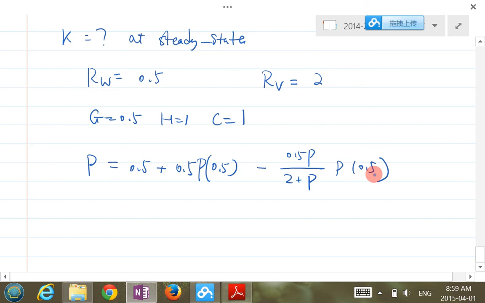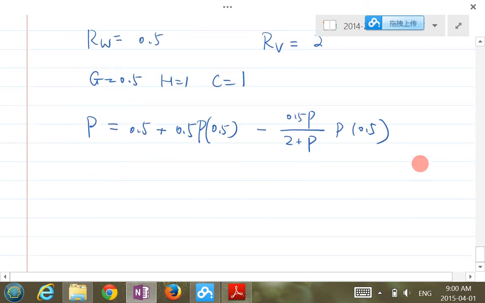Okay, so if you plug into that equation, you get this expression here. There's a P on both sides, so how do I solve for the P?